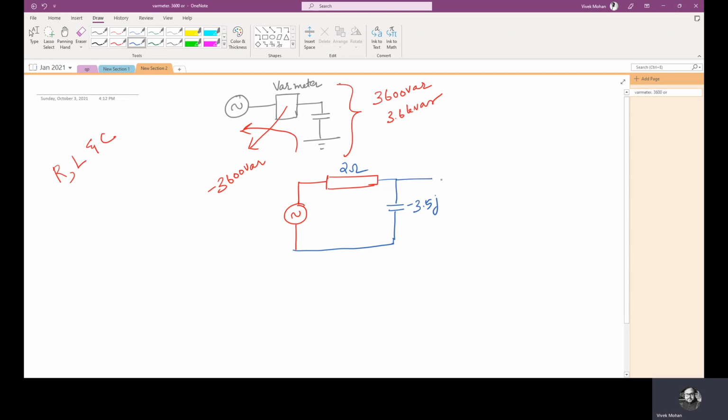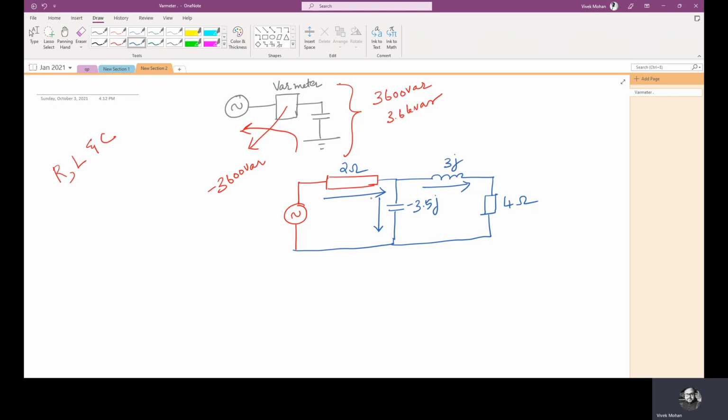Then I have an inductor like this, j3. Then again a resistor, which is 4 ohms, and this is my circuit. So I have a current like this, and a current like this also.